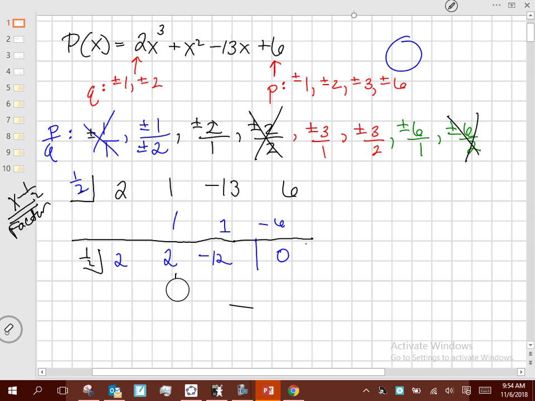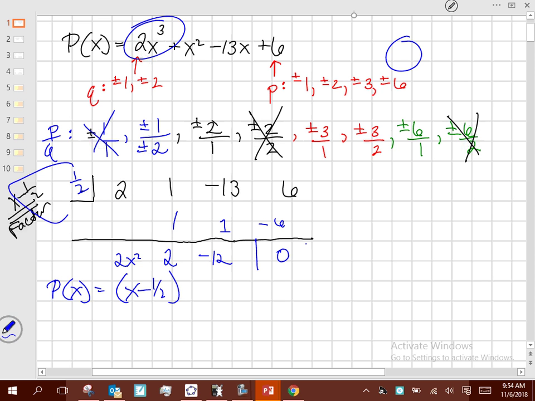Now, here's something you want to be able to look out for, though, because in this one, that really wasn't a necessity. Because if this was x cubed, what is this depressed polynomial going to have right here? x squared. So right now, we know our p of x is x minus 1/2 because of this factor here. But then it's got the quadratic factor of 2x squared plus 2x minus 12. Is that factorable?